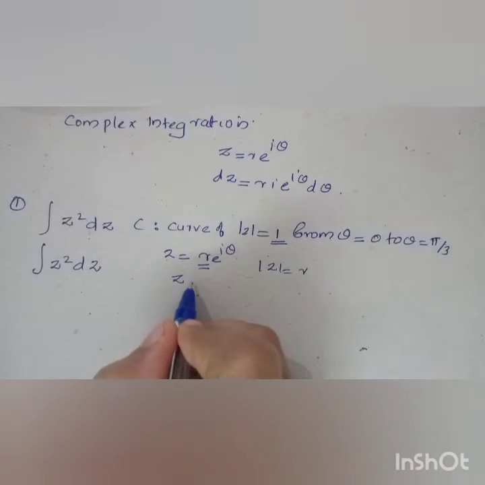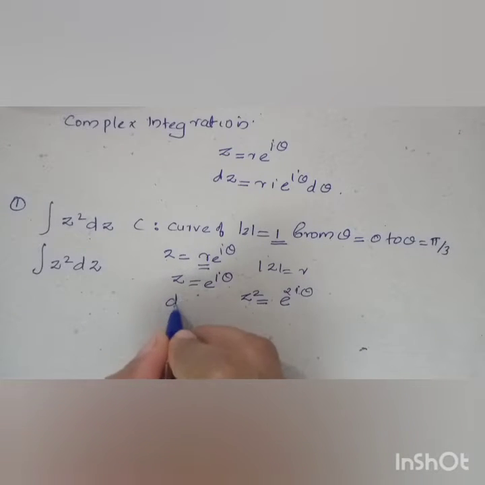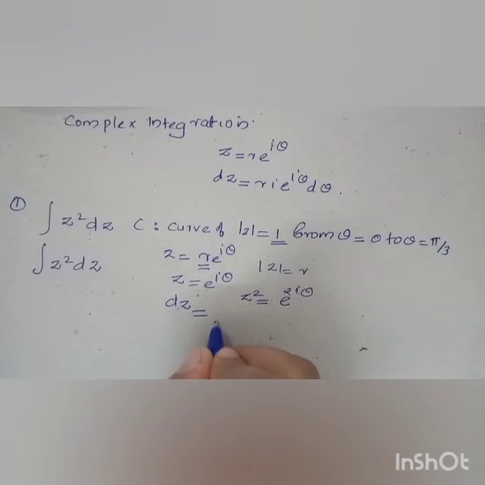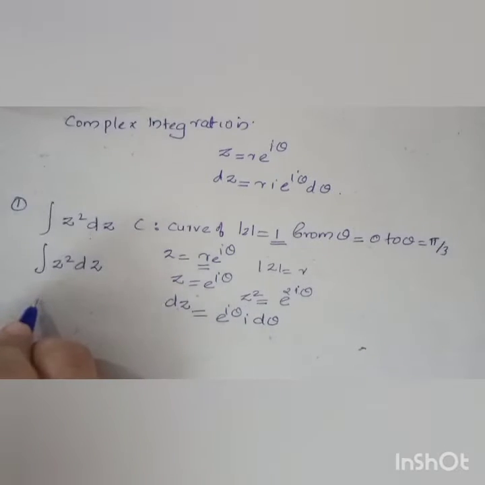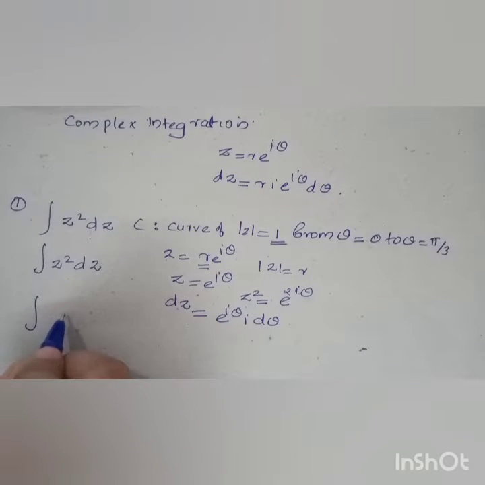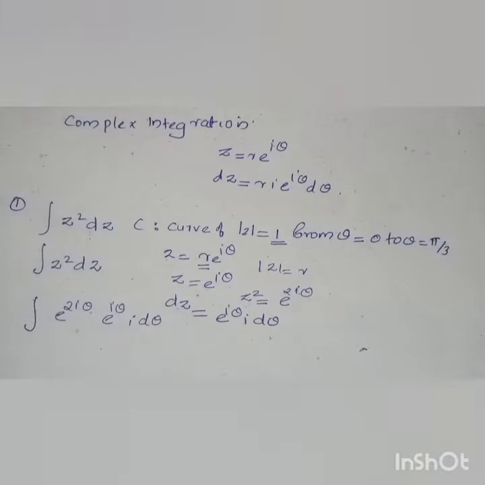So z is equal to e raised to I theta. Z square is equal to e raised to 2I theta. dz is equal to e raised to I theta into I d theta. So in the integration, e raised to 2I theta, e raised to I theta into I d theta.